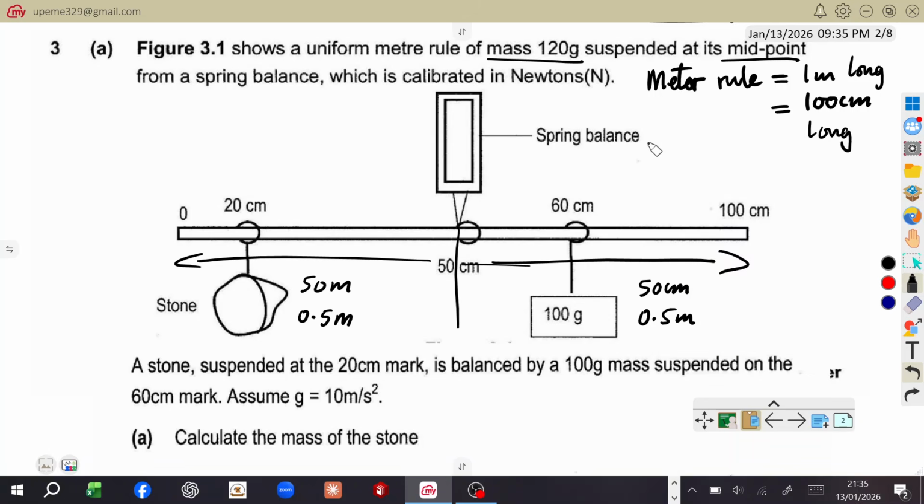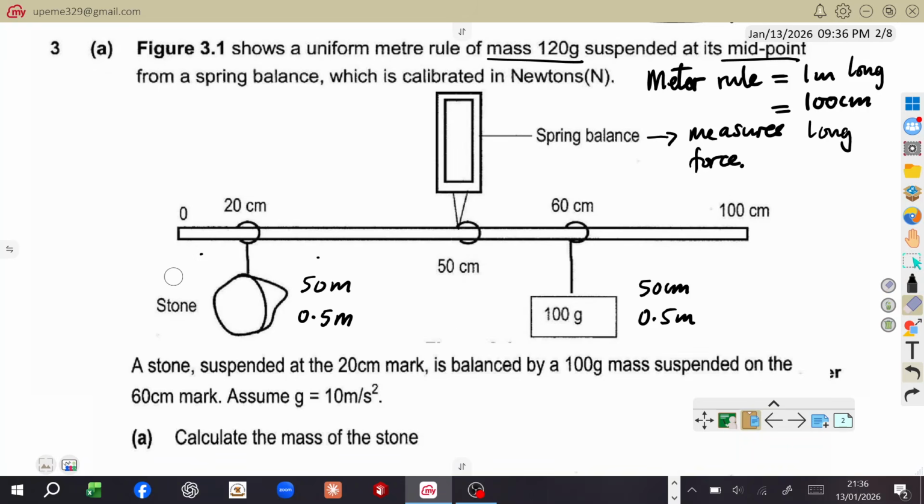A spring balance measures force, which in this case is even the weight. Now that it is balanced at the middle, this spring balance is able to measure the weight.